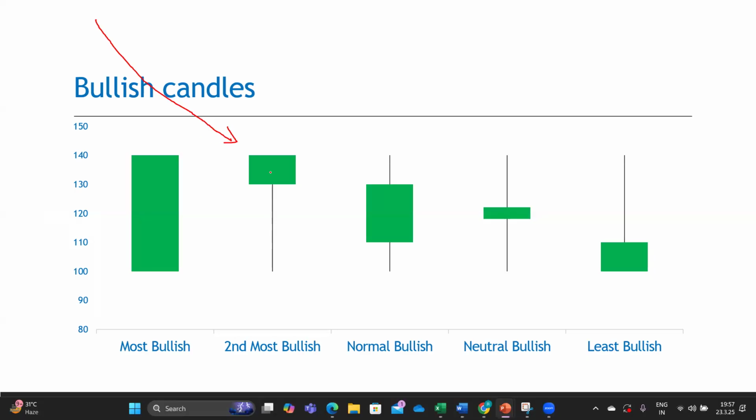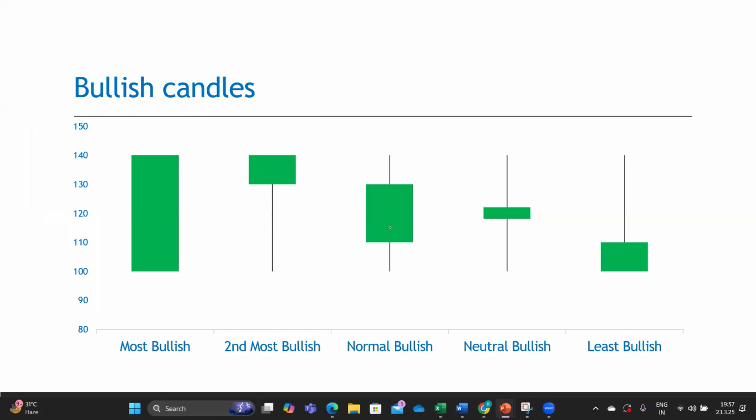As soon as you see this kind of candle, this is an indication that the trend may reverse. Okay. So that is another use of this kind of candle. This is the second most bullish candle.